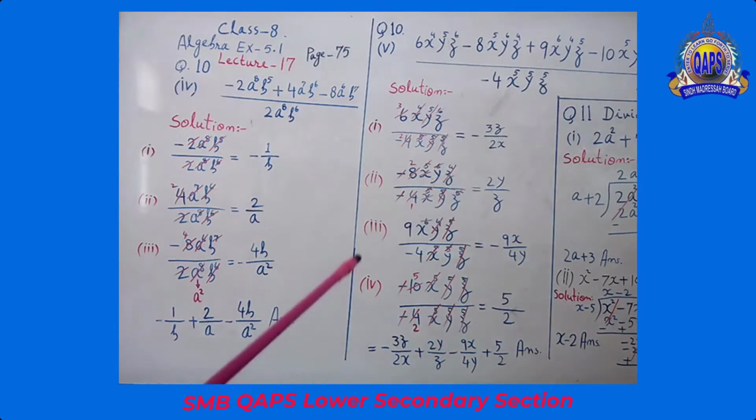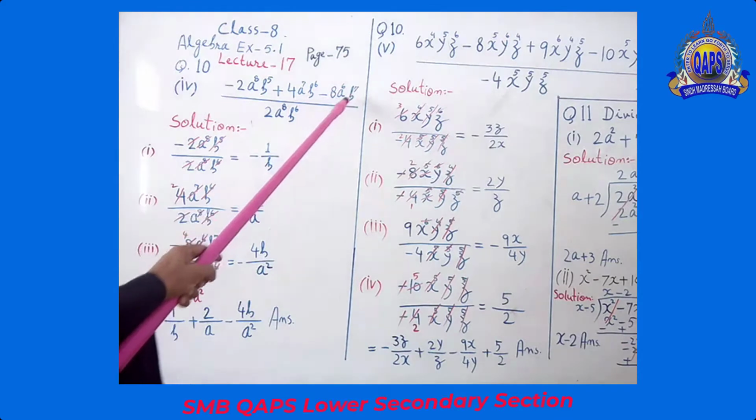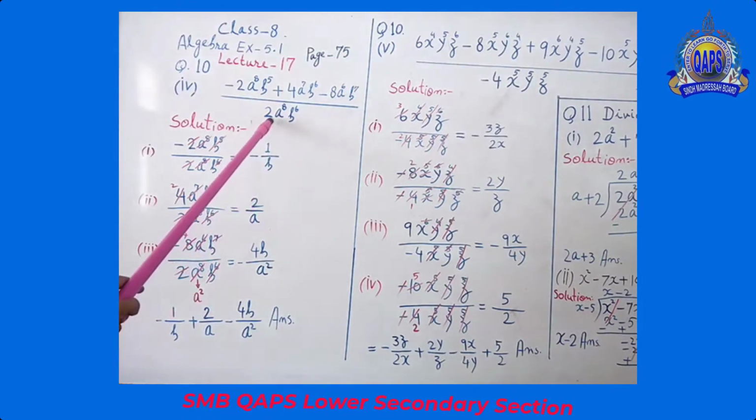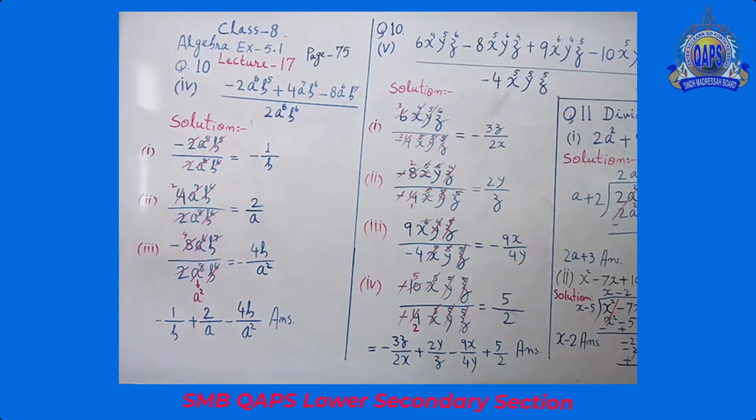Understand? Step 3. Minus 8a^6b^7 upon 2a^8b^6. I wrote this over here. Now 2 fours are 8. a^6 cancelled, left a power 2. b^6 cancelled, left b power 1.